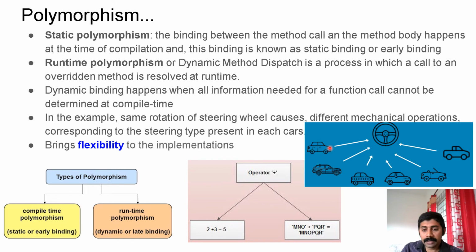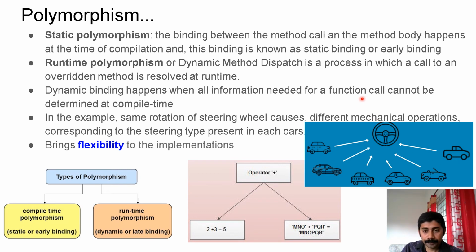Depending upon the car manufacturer, one may use electrically controlled steering, another may use mechanical steering, the third one may use some hydraulic concept in the direction control. So how the steering is implemented varies in each car, but the functionality provided at the top level is the same. That means the same steering wheel rotation creates different sets of operation in each car.